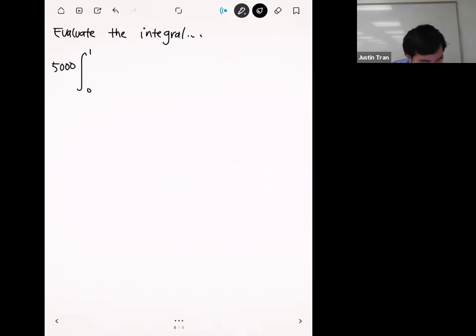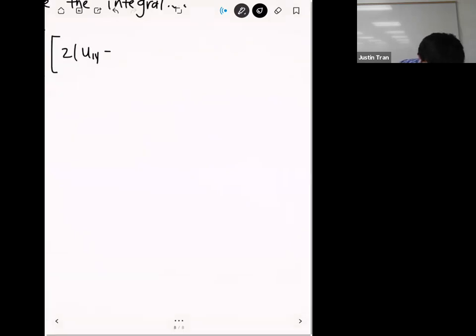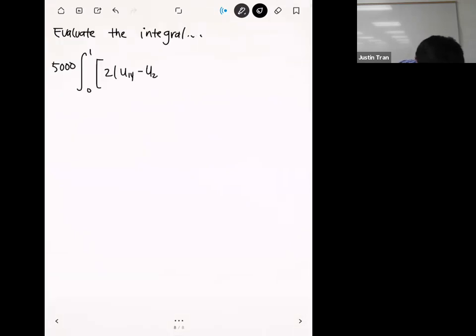I'm going to substitute L equal to 1. If we do that, we get 2 times U1y minus U2y plus 1 over L squared, which is just 1, and so we have plus theta 1 plus theta 2.